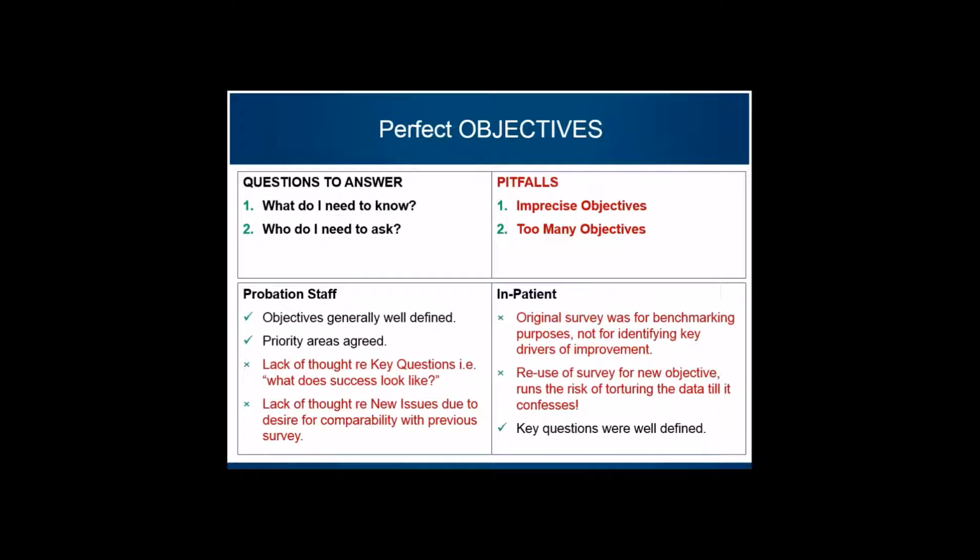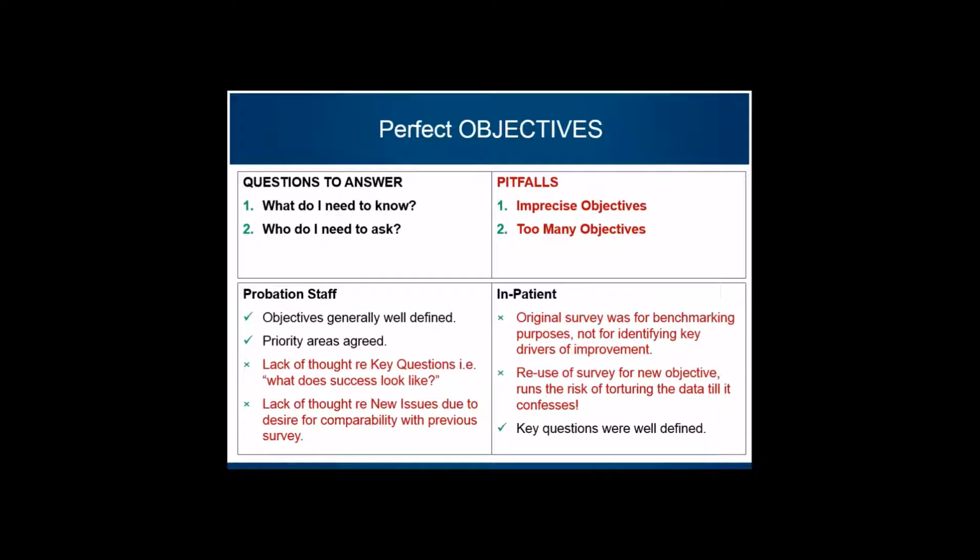Here, in this particular case, they had at the very least agreed their priority areas. However, what was probably an issue with this one is that I don't think enough thought has been given to the key questions, particularly when it came to saying, well, what is the priority in terms of going forward? I didn't think they'd really thought through which of the questions were the real key questions.